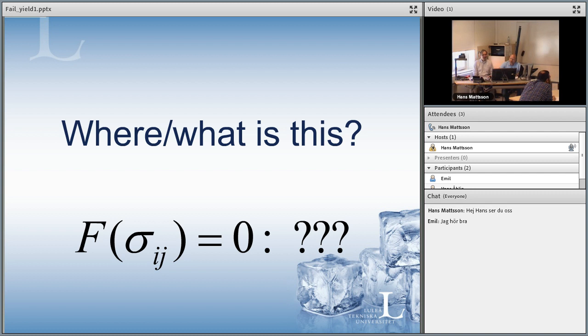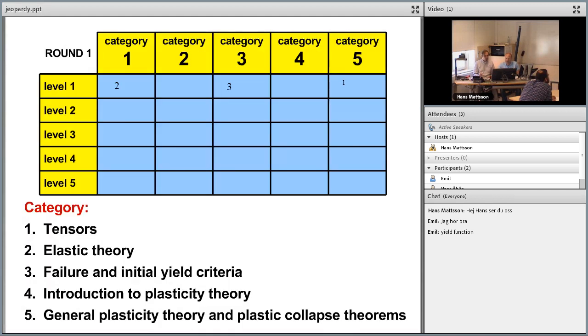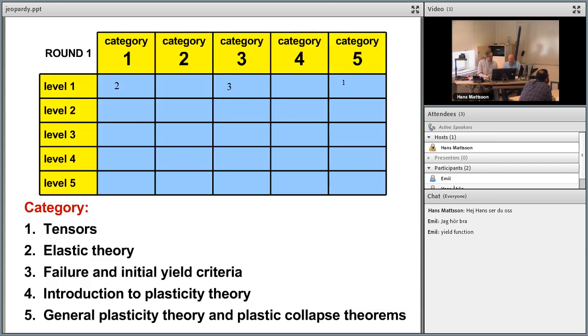And now, Emil, this is also your group. Emil is typing. Okay. That's correct. The right answer is on the yield surface. You have it here. This one. That's totally correct. And then also group number 3 has got 2 points here, and everything is very close.